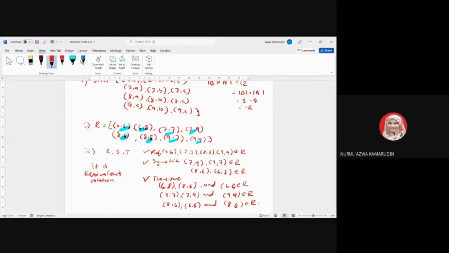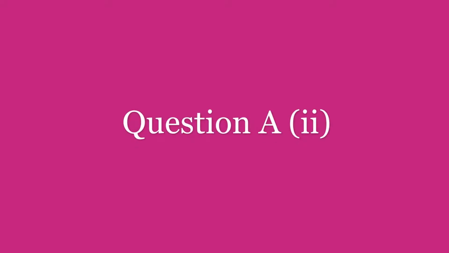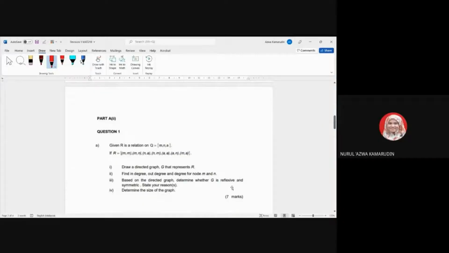Reason: due to it satisfies properties of reflexive, symmetric and transitive. Okay, so that will be the reason. Next part.